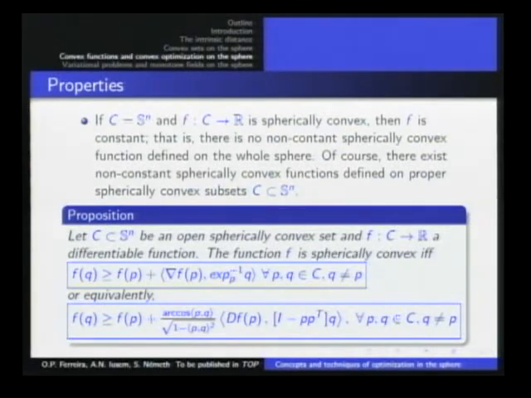And this is equivalent, if I want to write it in other terms, to f(q) greater than or equal to f(p) plus, and here you have the usual gradient of the function thought of as a function defined on R^n. This is just the usual gradient. And all these things come just from this, because this is the spherical gradient.